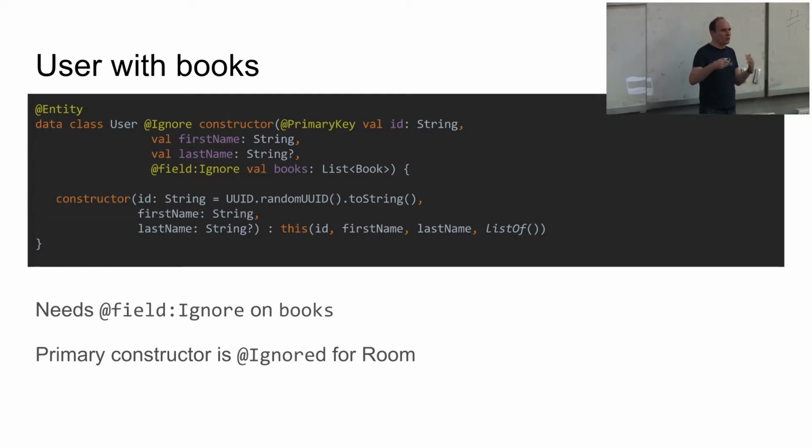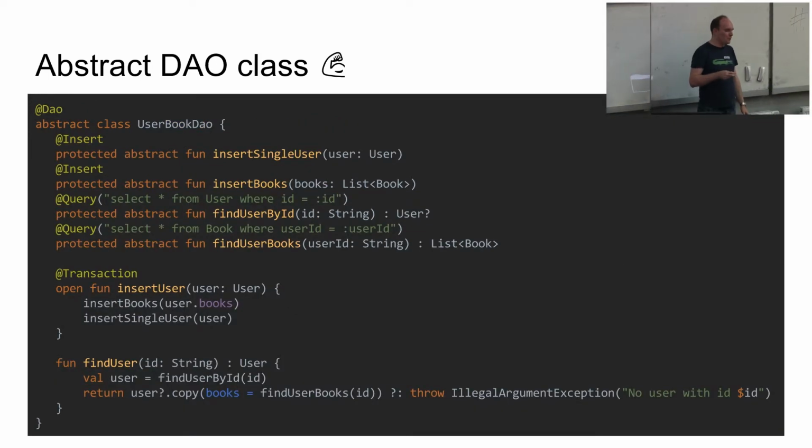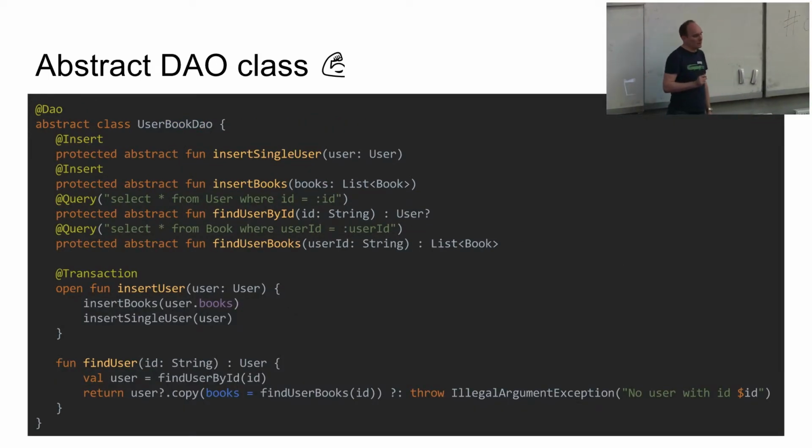But we still want to store a user with his books in one go, right? So what we can do, we can have an abstract data access object class. And these abstract classes are very powerful, and this is just one single example. Again, we have an abstract class, we annotated with DAO, then we have the inserts for books and single users, we have them protected. So that means that we are not exposing this as our API.